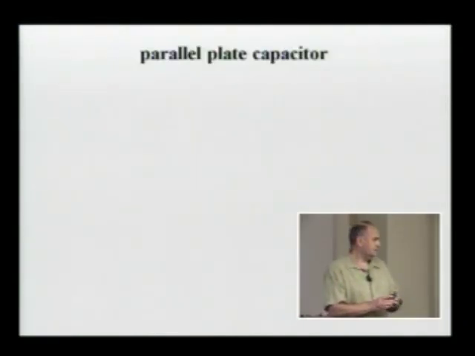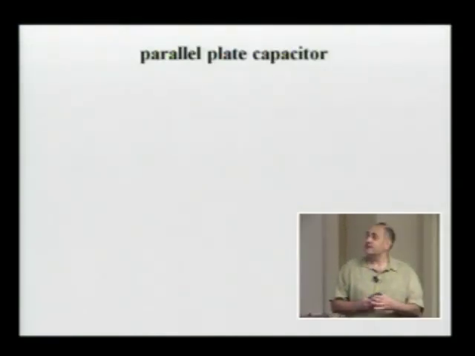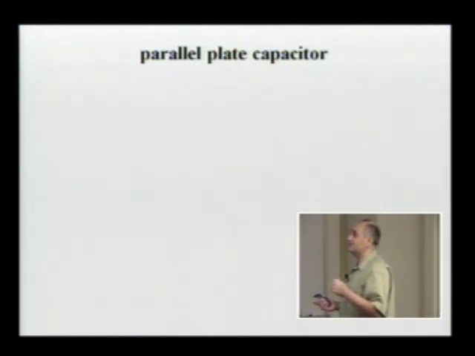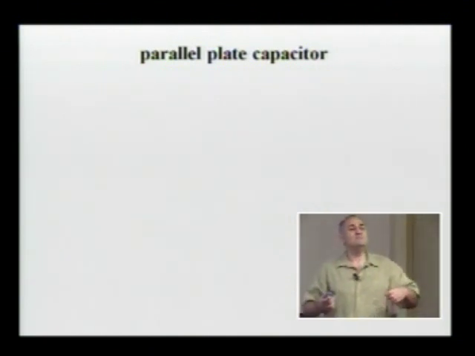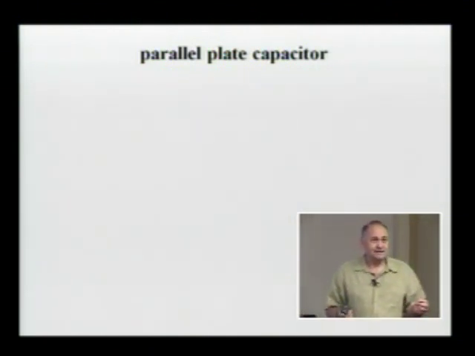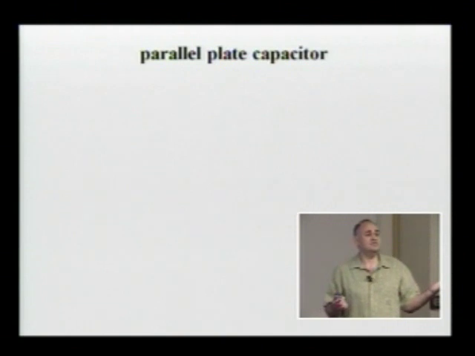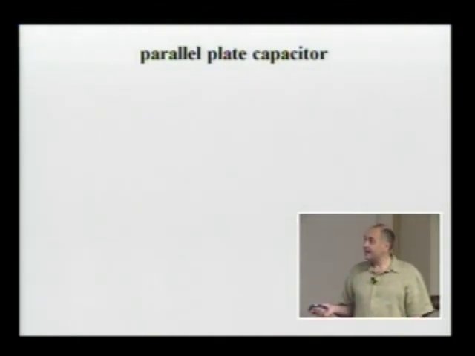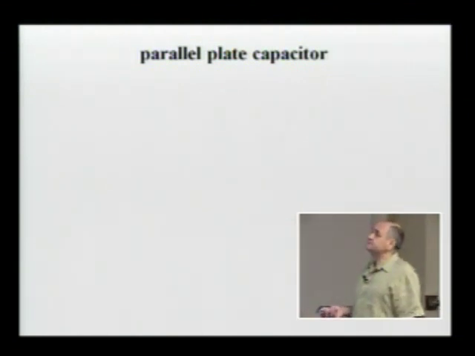Oh, let's go through that. Now, we know already what a capacitor is, so I would like to talk a little bit about how to make it. Because so far we said that it has to perform in a particular way, that the charge transfer from one side to the other side is proportional to potential difference.